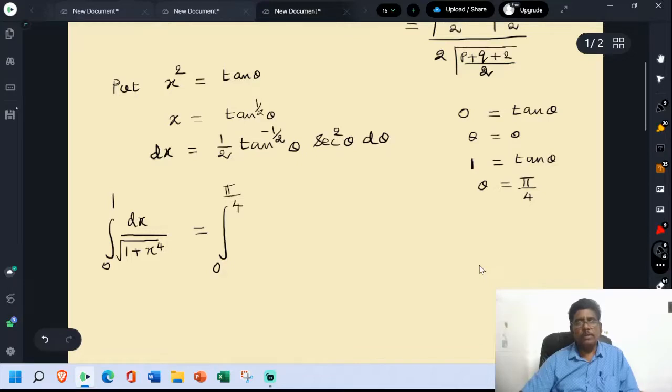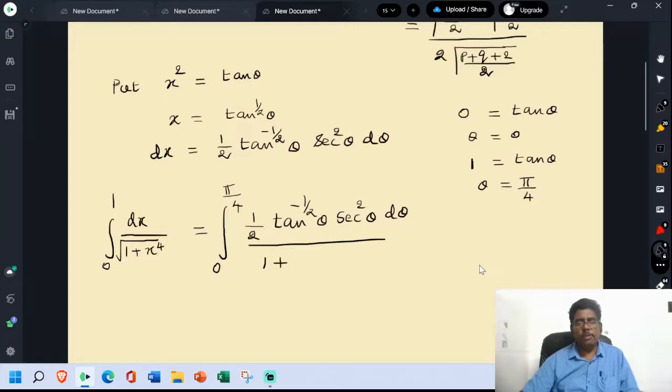Instead of dx, we substitute 1 by 2 tan power minus half theta secant square theta d theta, whole divided by root of 1 plus tan square theta, since x square is tan theta and x power 4 is tan square theta.